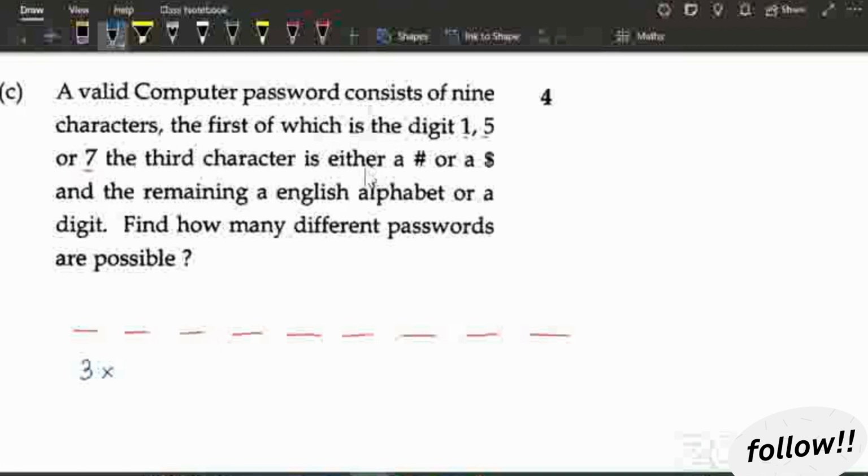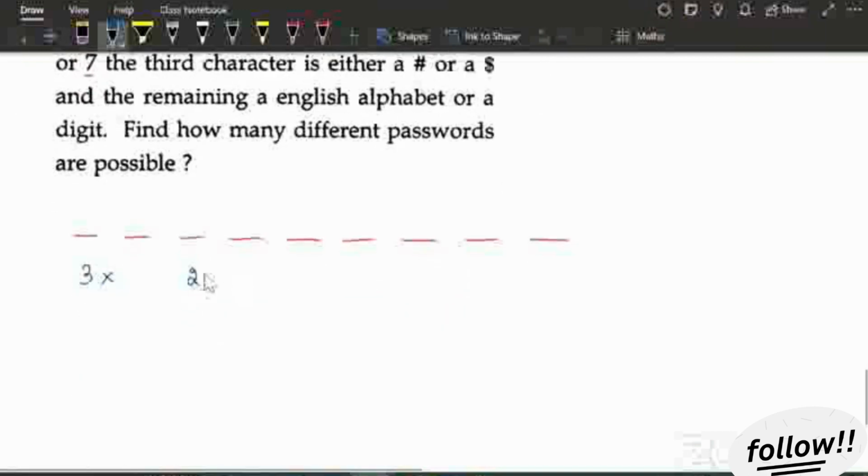And the third character is either a hash or a dollar. Okay. The third character has only 2 options. It has to be one among these two. The remaining is either an English alphabet or a digit. Now, how many remaining options are there? We have totally 9 positions. In that, for these 2 positions, we have specific considerations.